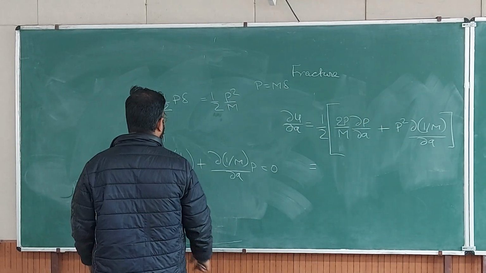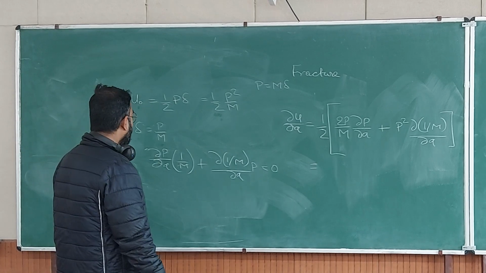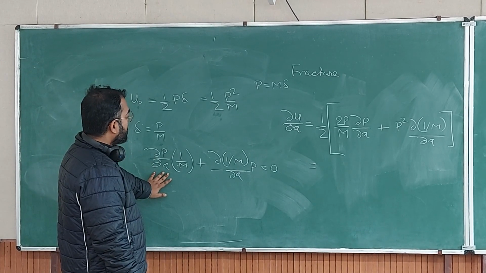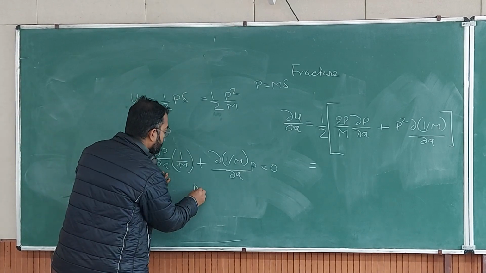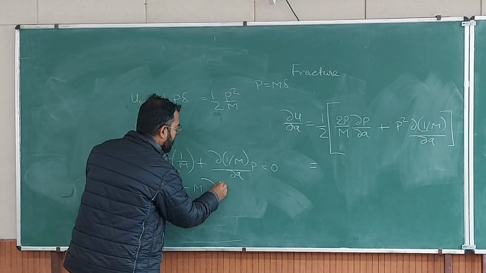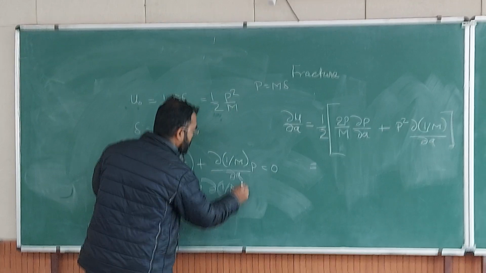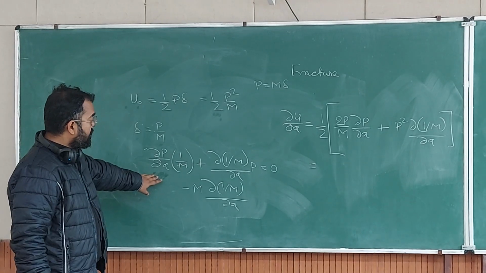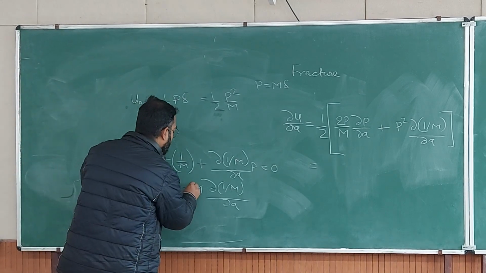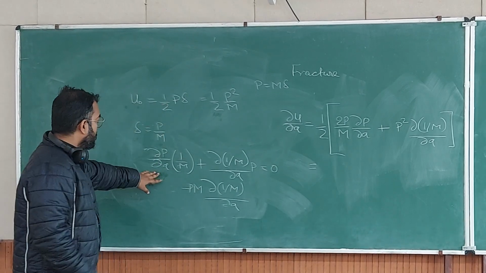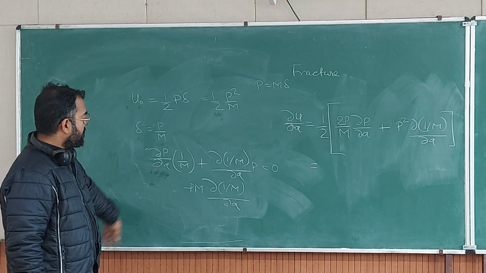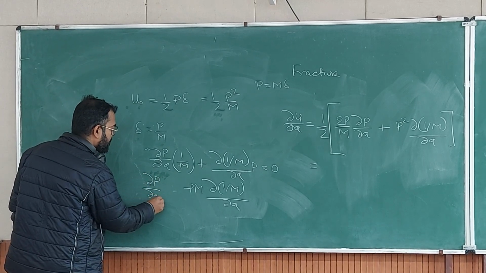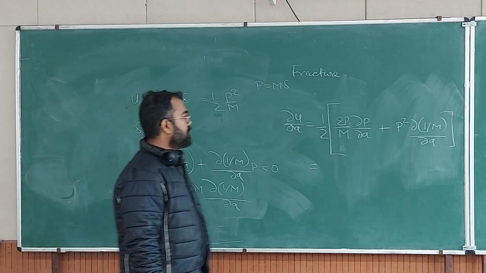So now we have to replace del P by del A from here. So del P by del A will be m into del of 1 by m by del A, times P, so P into m, that and that. So del P by del A is equal to that.